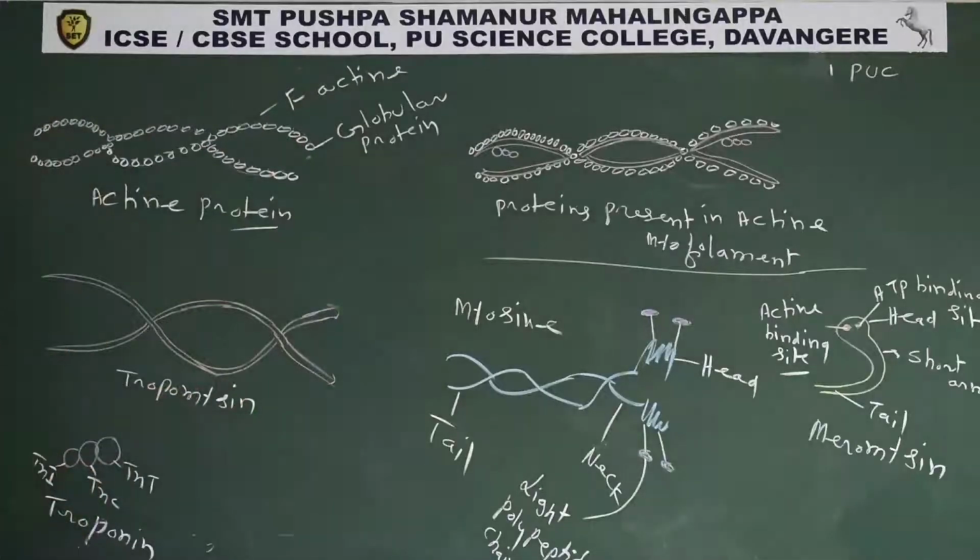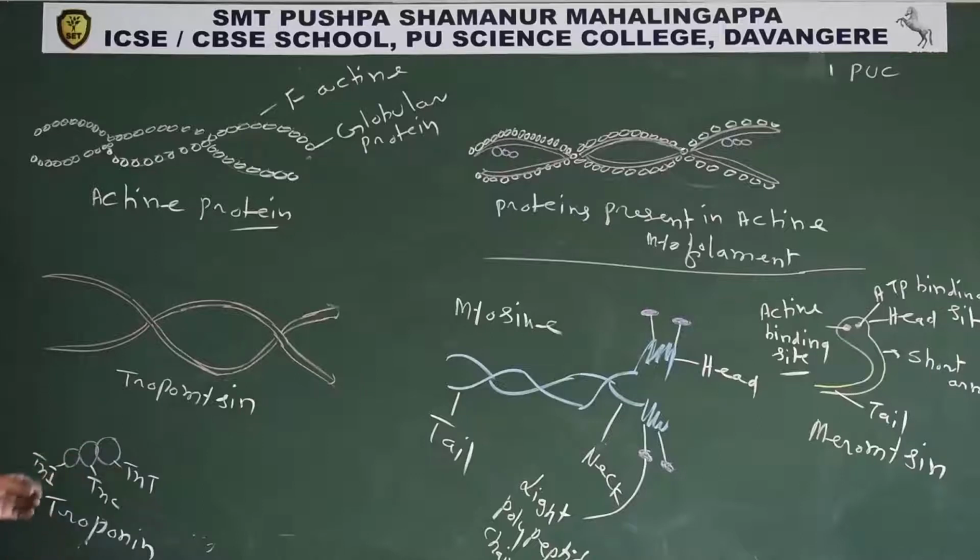Next one, troponin. Troponin is a complex protein containing three subunits: troponin T, troponin C and troponin I. With the help of the TnT subunit, troponin binds to tropomyosin. As a result, a troponin-tropomyosin complex is formed.